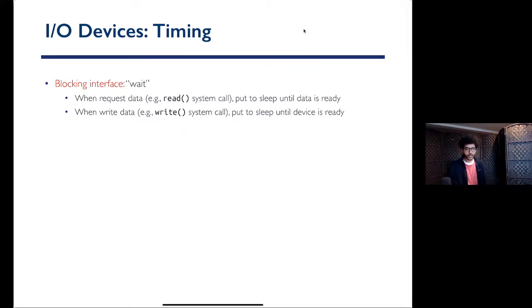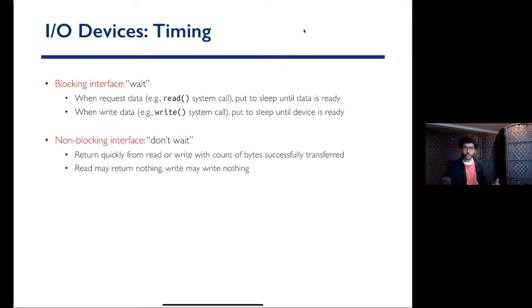On top of this, the operating system could provide non-blocking interfaces. What does this mean? It means you tell the operating system, I want to write to the file, but I also have other things to do, so initiate the write and let me run. These are non-blocking calls, and again, the operating system has to provide this.